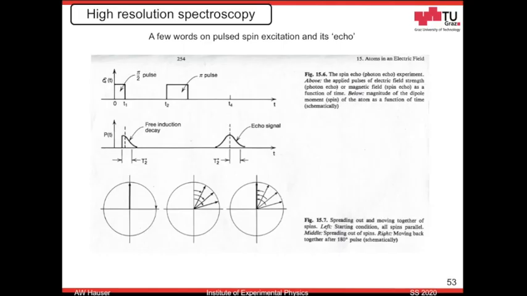Finally, we have a detector, and the detector is sitting along the y-axis, so that the x and the y axis are orthogonal. So the emitter that gives us the pulse and the receiver, our measurement in the y direction, are not interacting with each other. They don't have any effect on each other.